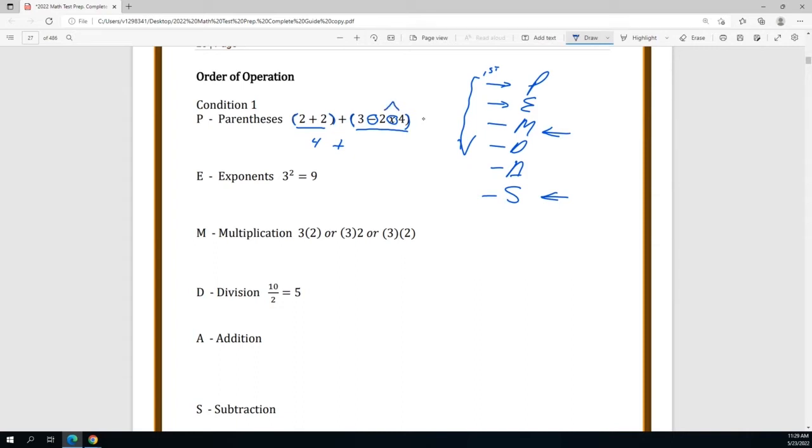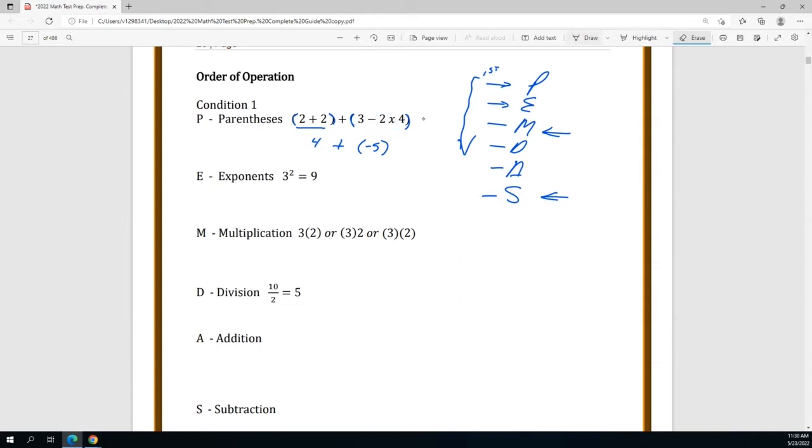So I would want to go 2 times 4 first and get 8. Then I have 3 minus 8. 3 minus 8 is negative 5. So this is the correct way. If you would have gone left to right, you would have gotten a different number, and that number would be incorrect.